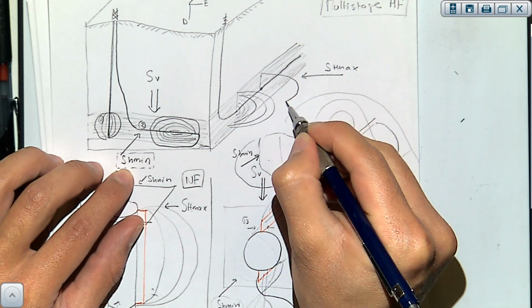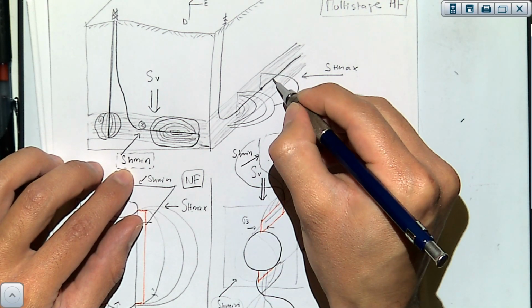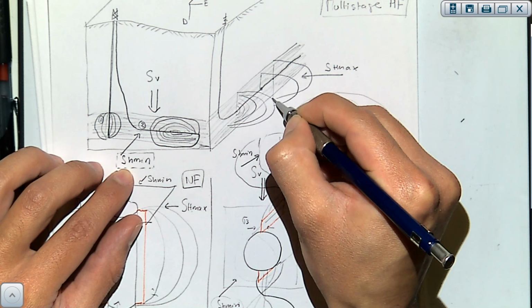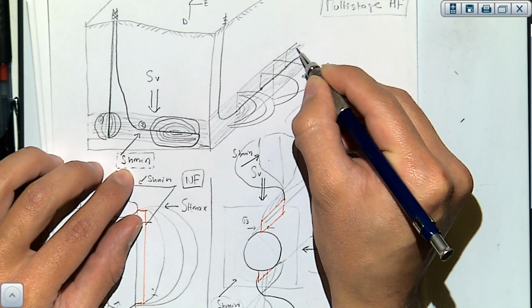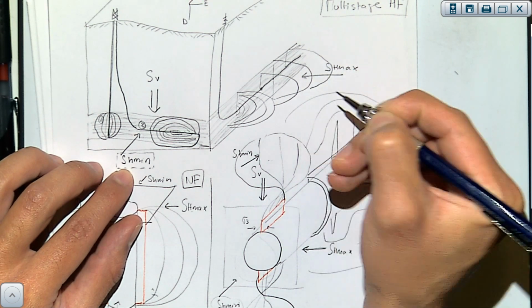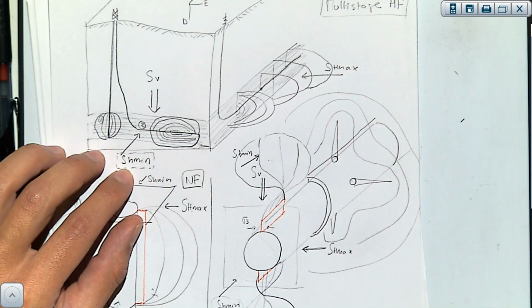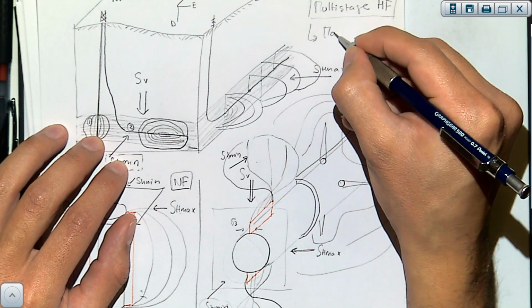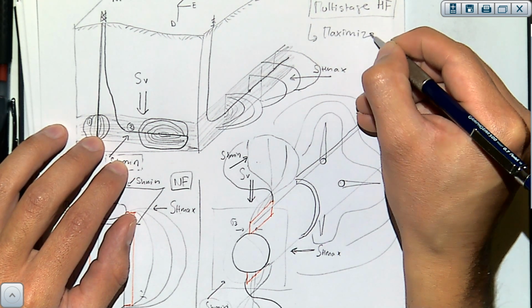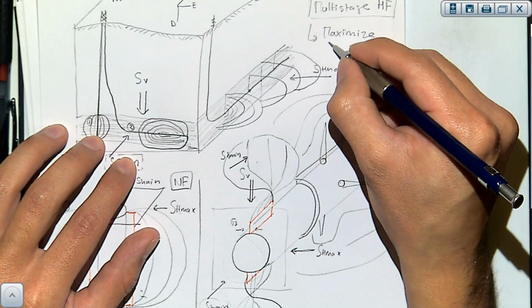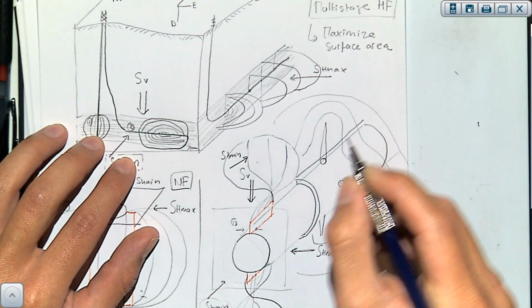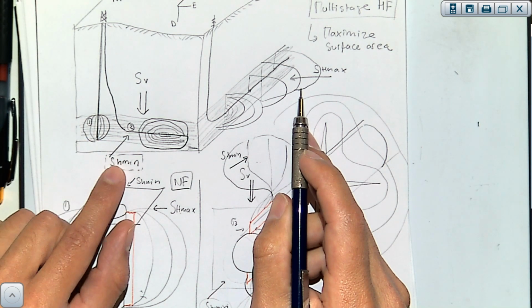So we're going to have another one over here, another one over there, another one over there, and here our objective is to maximize surface area of the fracture in contact with the reservoir.